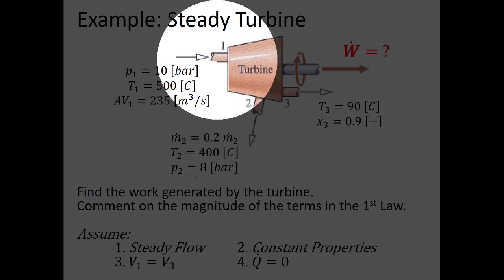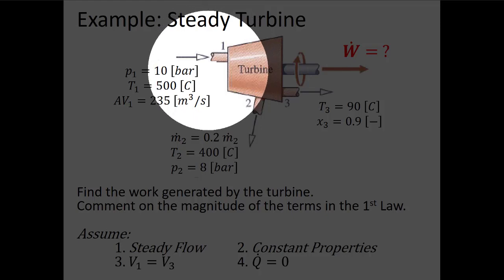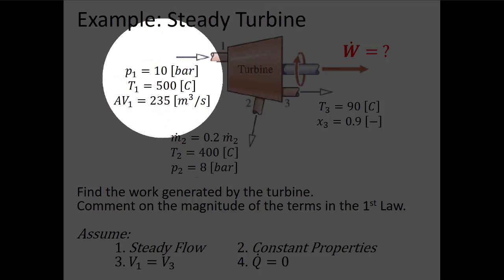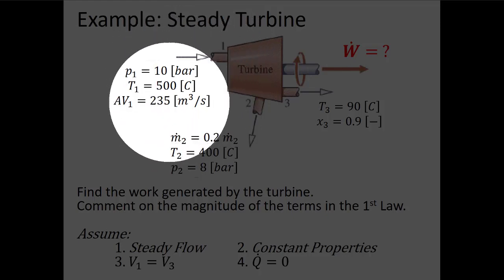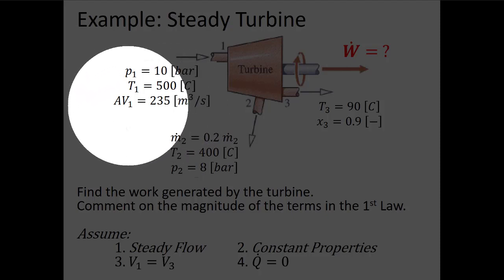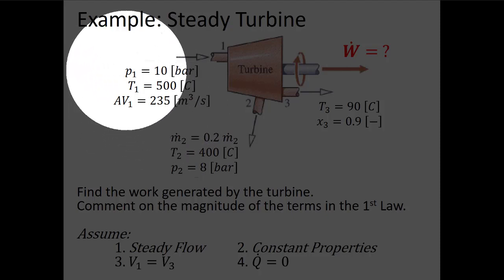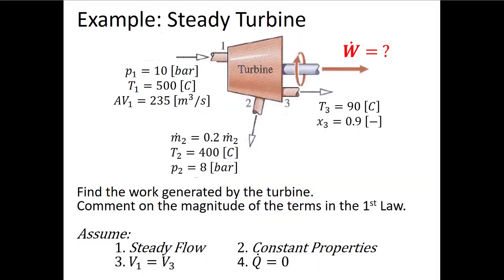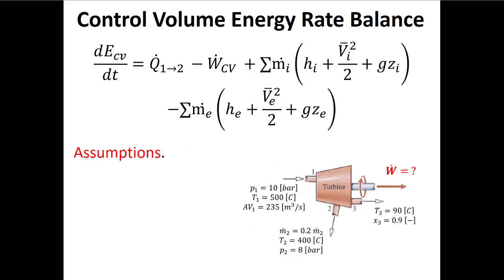So what this means when we assume constant properties, we mean that all the fluid that's coming in here at state 1 has a particular pressure and temperature and volumetric flow rate. So this is like we're taking the average velocity here, the average temperature, and the average pressure. And that would be true not just at the inlet, but at the 2 outlets.